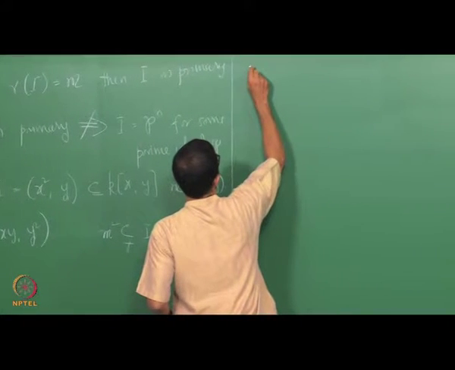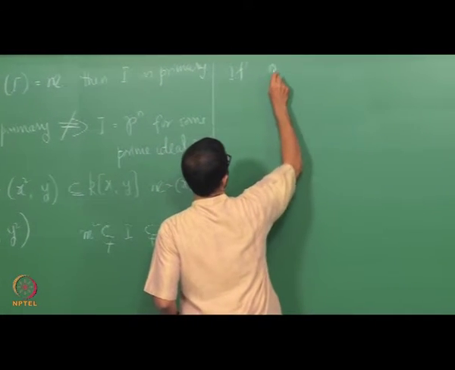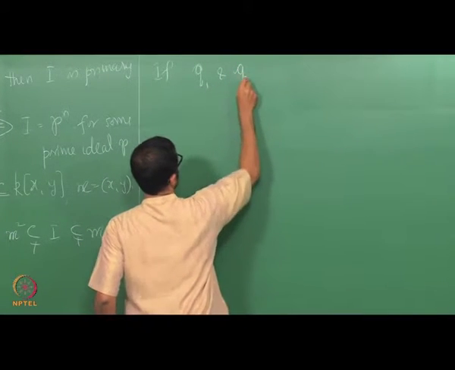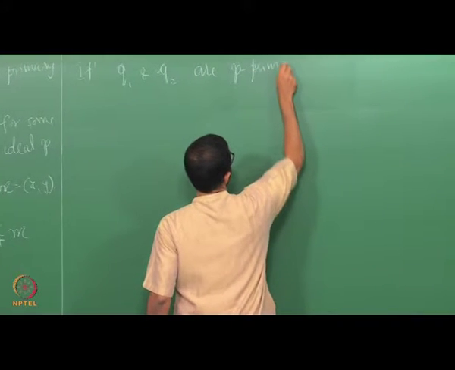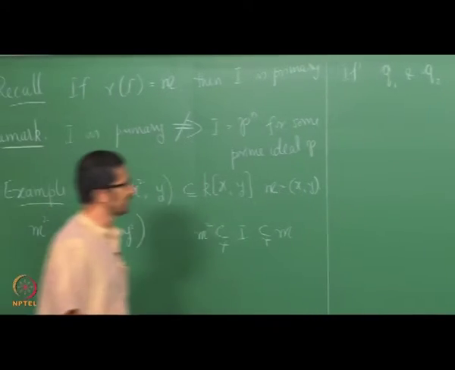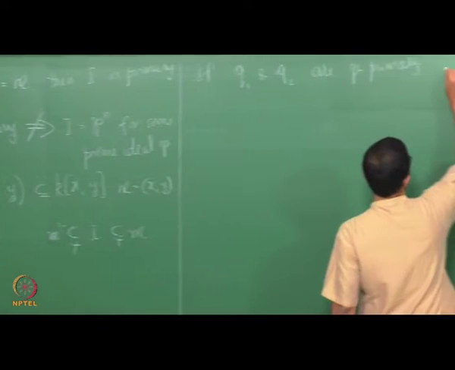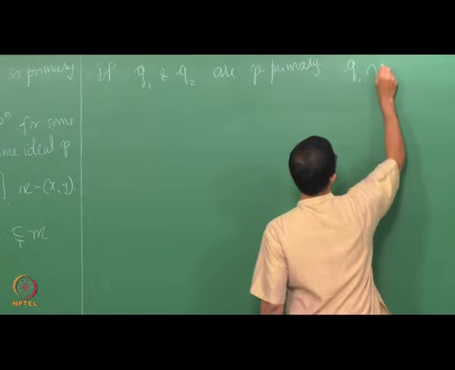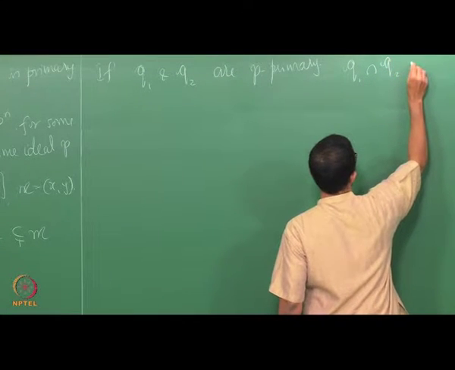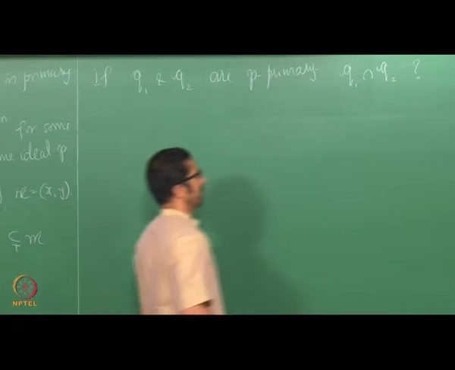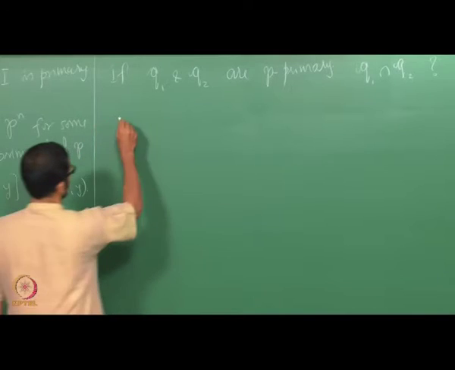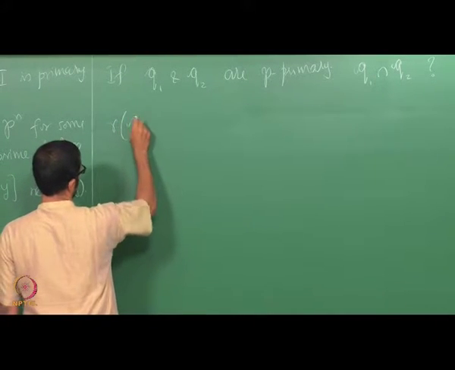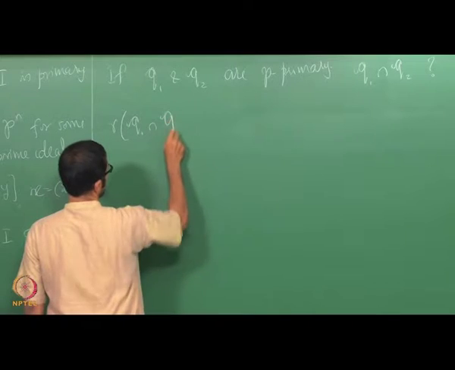Suppose q1 and q2 are p primary. What can you say about q1 intersection q2? First of all, let us look at the radical of q1 intersection q2.